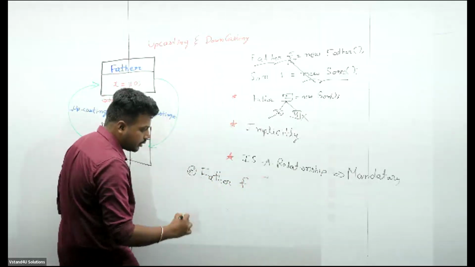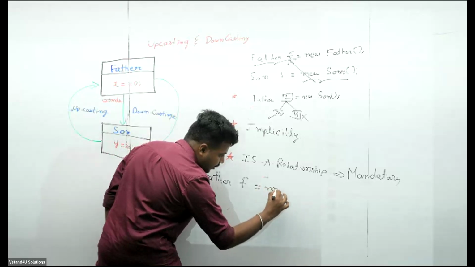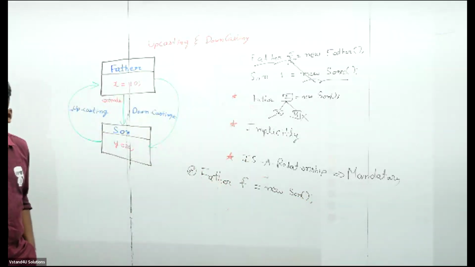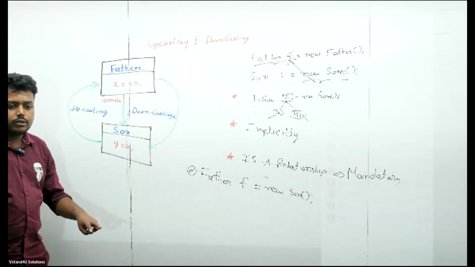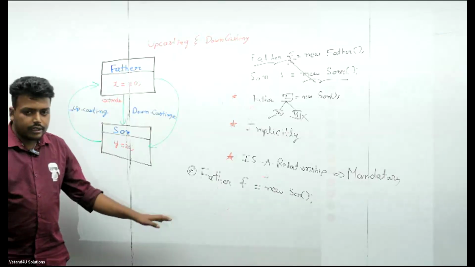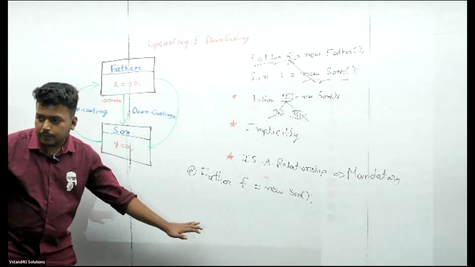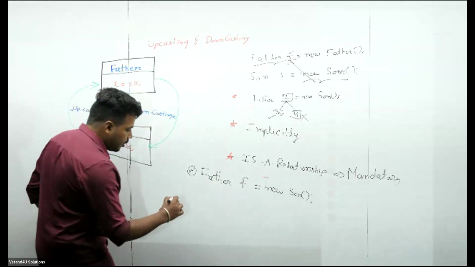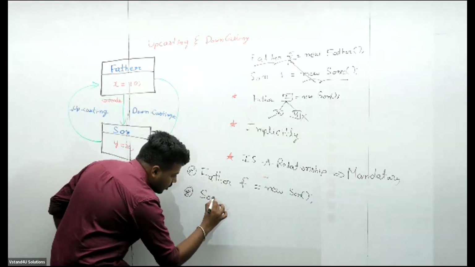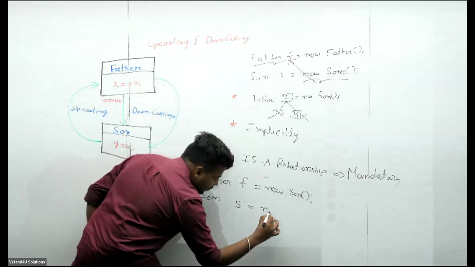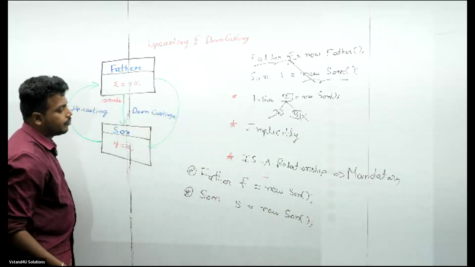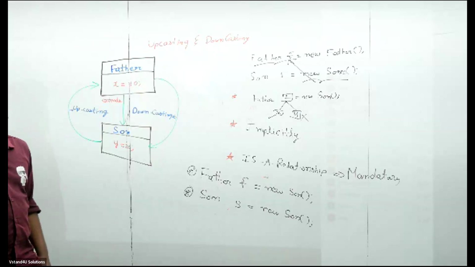Father f is a superclass reference. For the superclass reference, creating a subclass object is called upcasting. There are two ways to declare upcasting. I can declare it directly. There is another way, we can declare it indirectly. First, I will create the Son object.